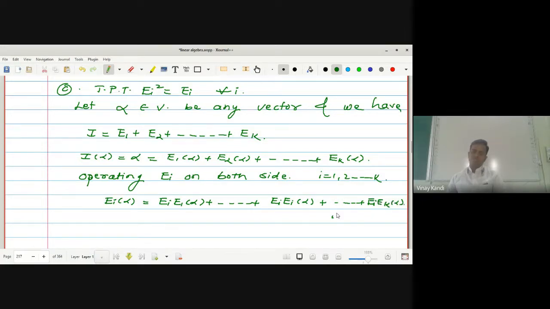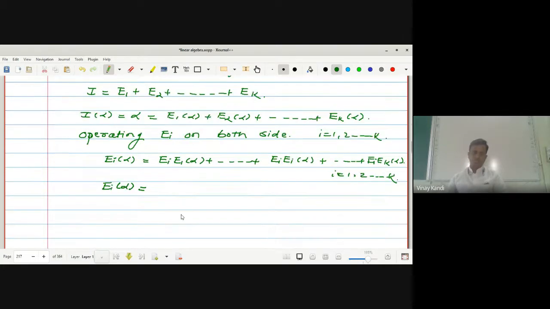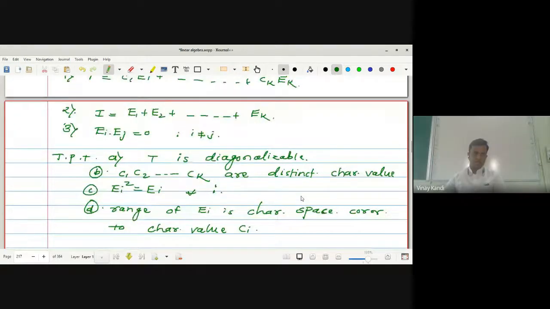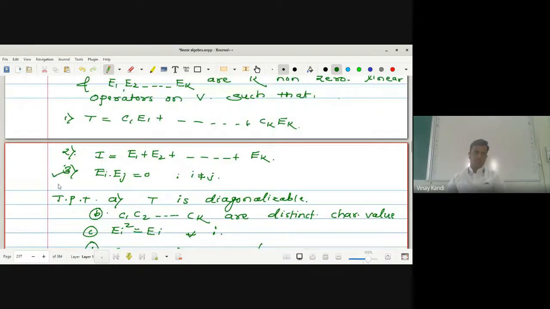Is it correct? Yes, sir. So this is EI of alpha, and what is the value of the other terms? Zero. How did that come? From the third condition, our assumption.